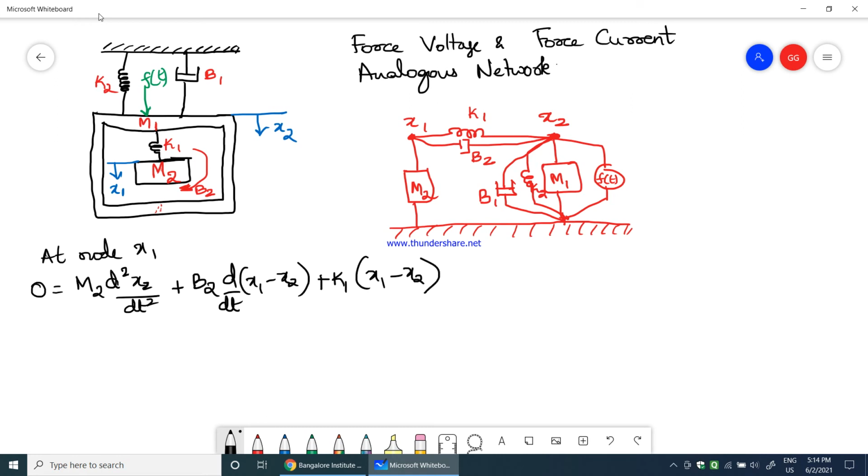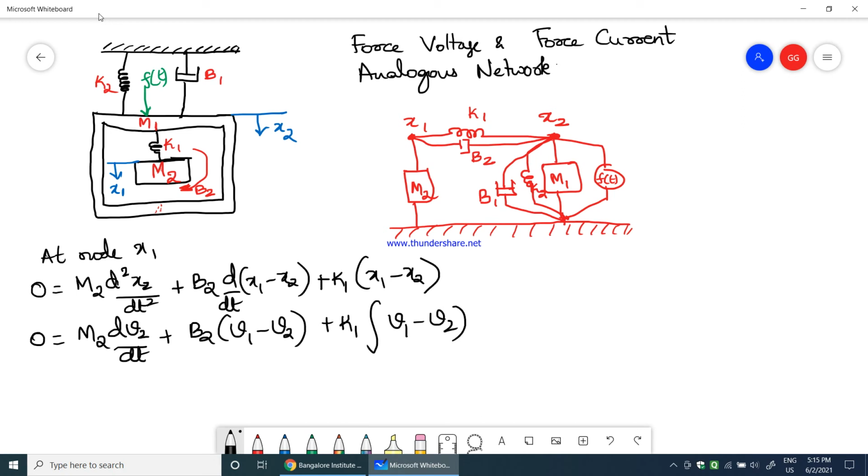Okay, so therefore the equation is 0 equals m2 into dv2 by dt plus b2 into v1 minus v2 plus k1 into integration of v1 minus v2 dt.